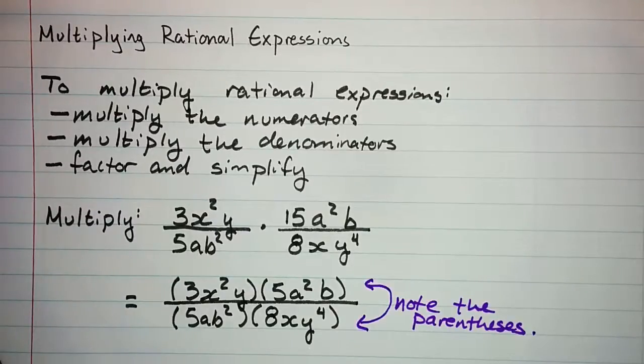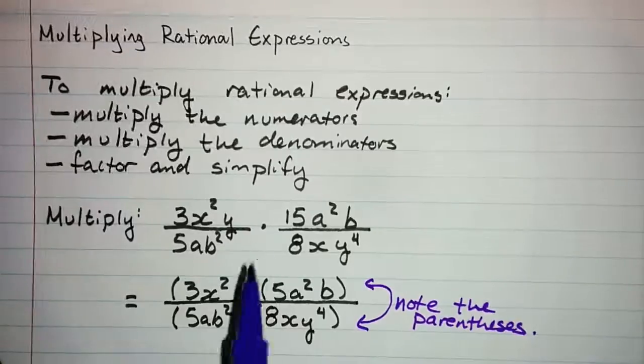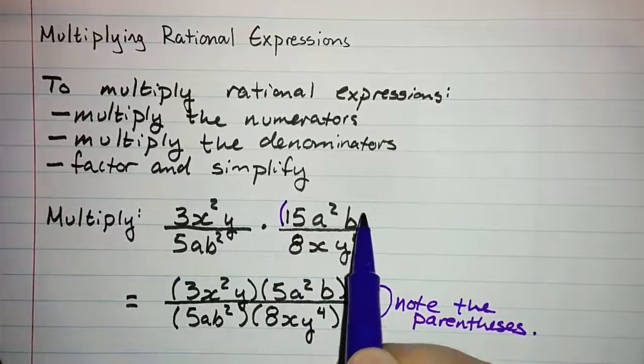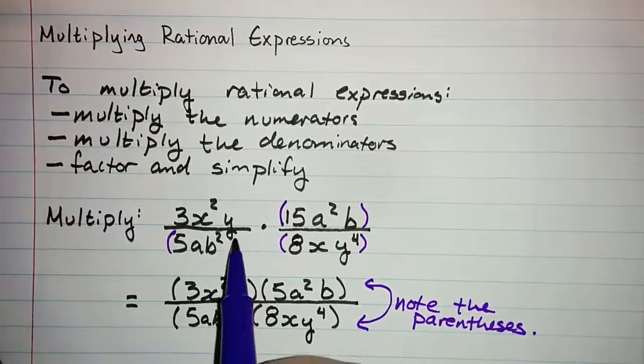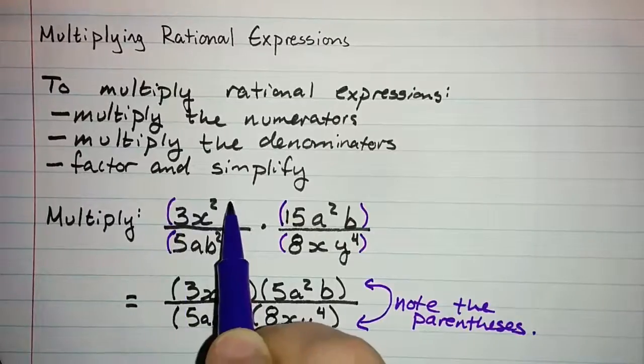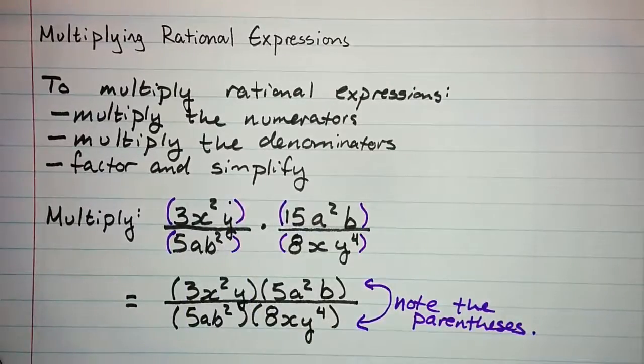Why are they there? The fraction bar in order of operations acts as a grouping symbol. Whenever we see a fraction bar, we should note that the numerator and denominator are grouped together. We must do any arithmetic we see in the numerator, any arithmetic we see in the denominator, before we do any other arithmetic.